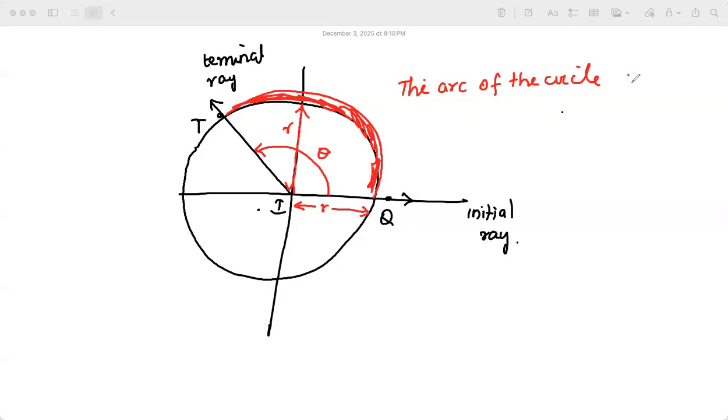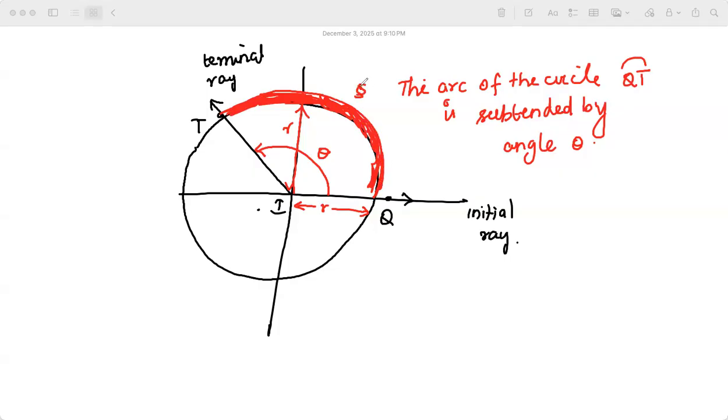So I can say arc QT is subtended by angle theta. Any questions here? What does subtended mean? A fancy way of saying it.